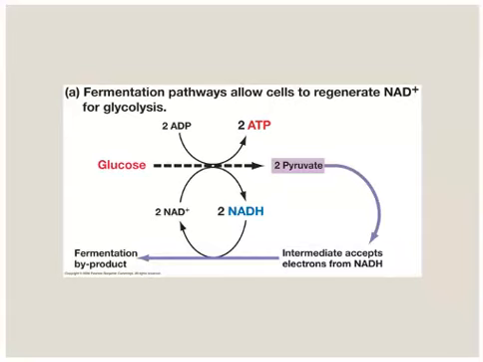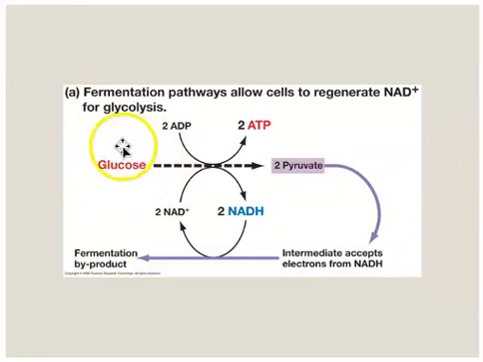Even though it's not a very efficient way to make ATP, substrate level phosphorylation can still go on and it can still produce at least a small amount of ATP to keep the cell alive. In order for glycolysis to occur, though, we need NAD+ around to accept the electrons that are being released from glucose. So we need to regenerate NAD+. And this is how it happens.